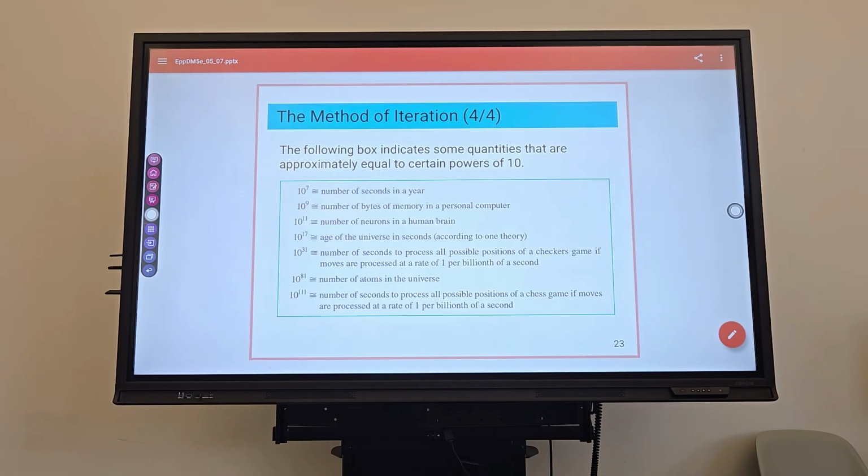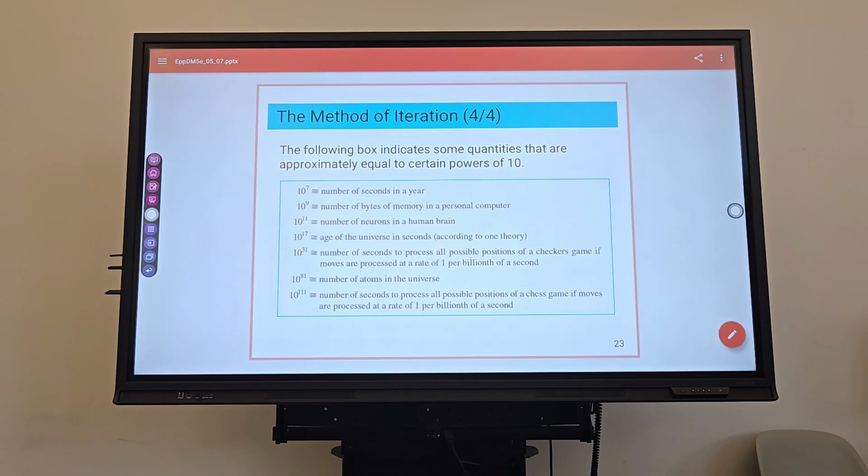The following box indicates some quantities that are approximately equal to certain powers of 10. 10 to the 7th, the number of seconds in a year. 10 to the 9th, the number of bytes of memory in a personal computer. It's actually probably 10 to the 10th now, give or take. The number of neurons in a human brain, 10 to the 11th.